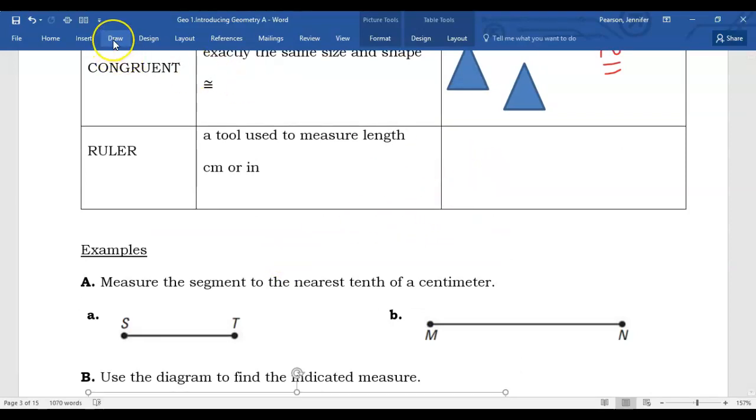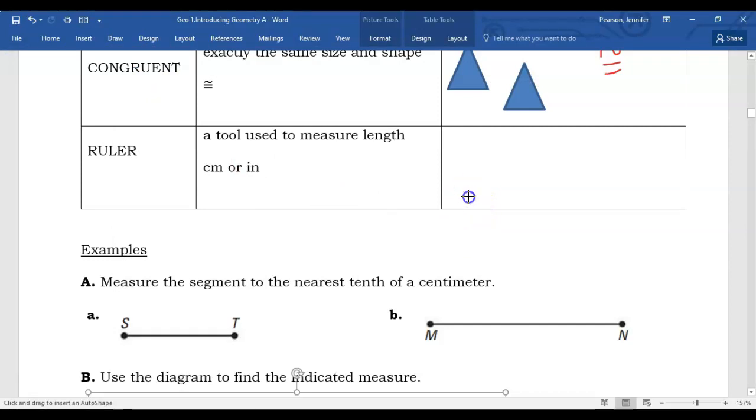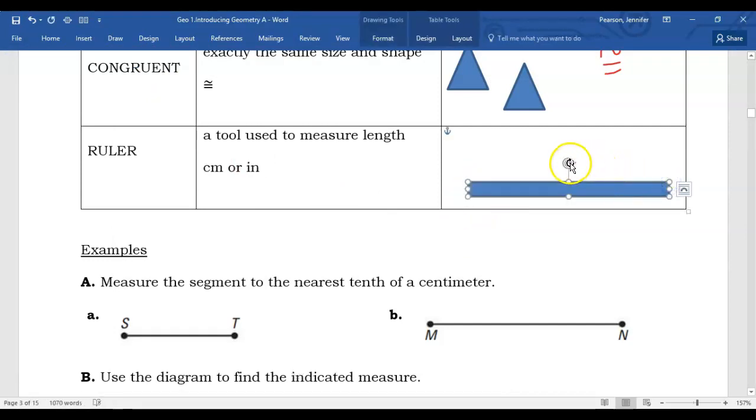Maybe I like playing with my shapes. Maybe I'm just going to draw like this guy. There, that's my ruler. Usually they're about 12 inches, right? Make him a little skew.